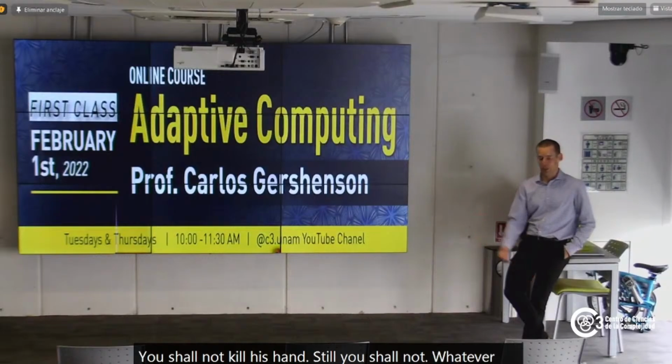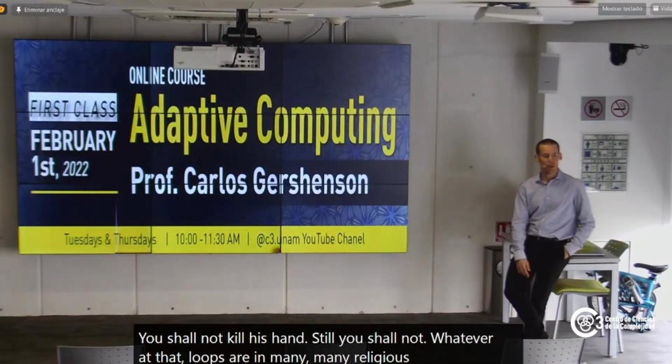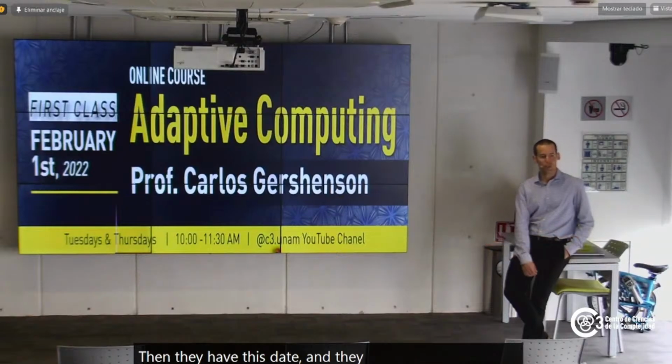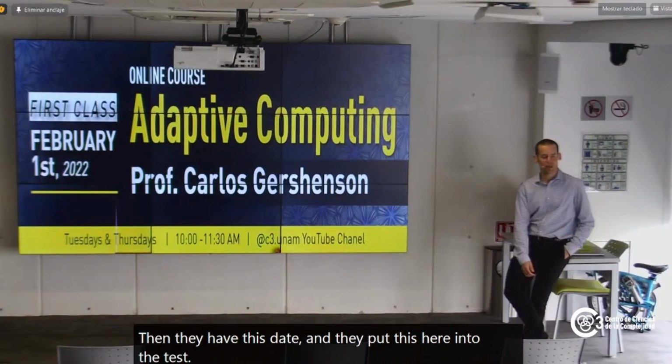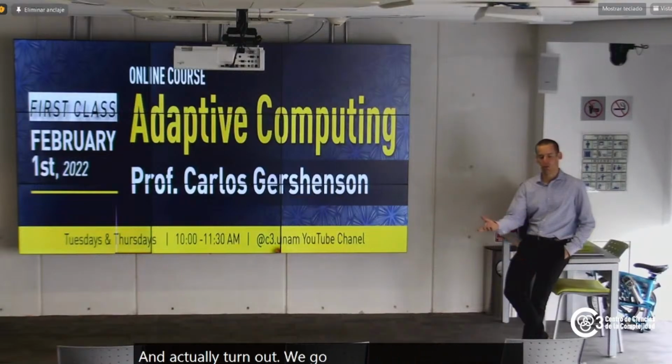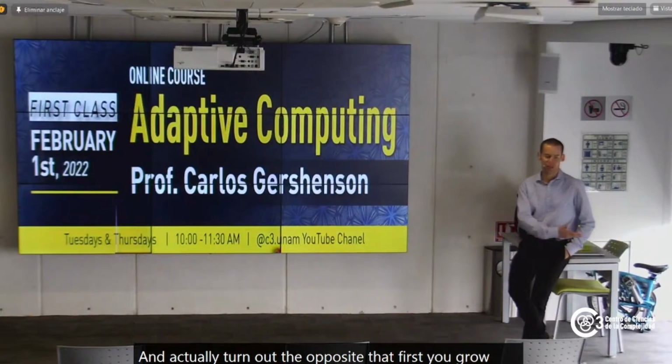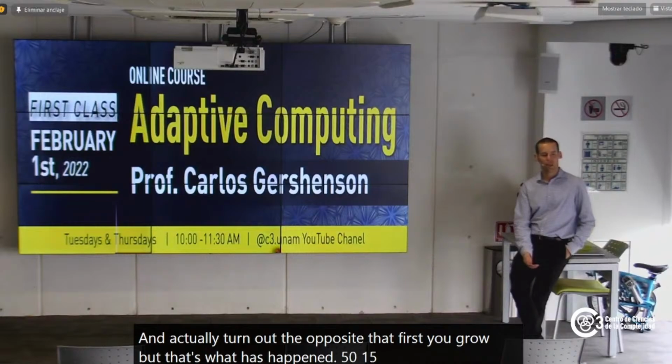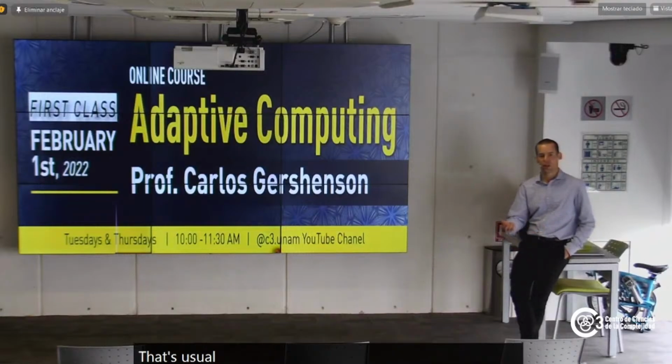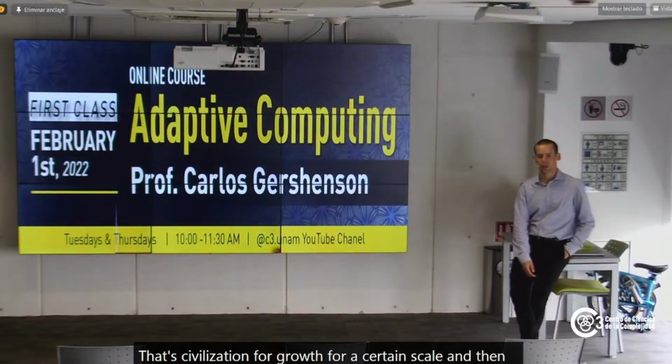That we observe in many religions. Then they had this data and they put this theory to the test and it failed. And actually it turned out to be the opposite, that first you grow civilizations, that's what has happened repeatedly in our planet, that civilizations first grow to a certain scale and then they develop these moralizing religions.